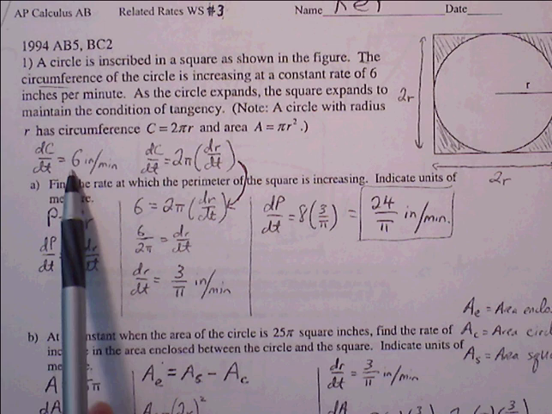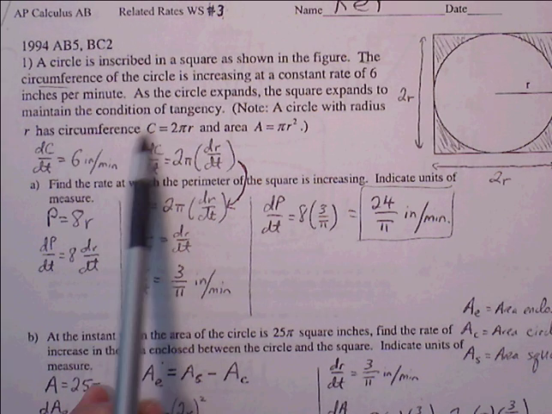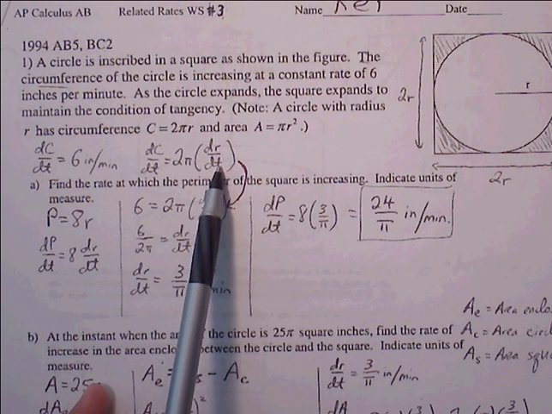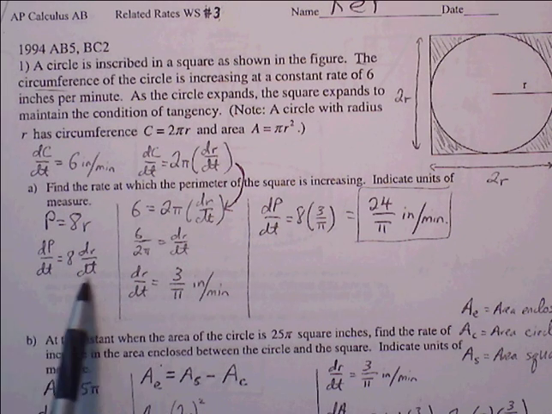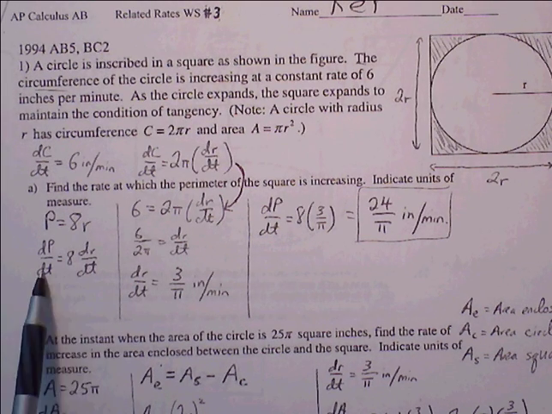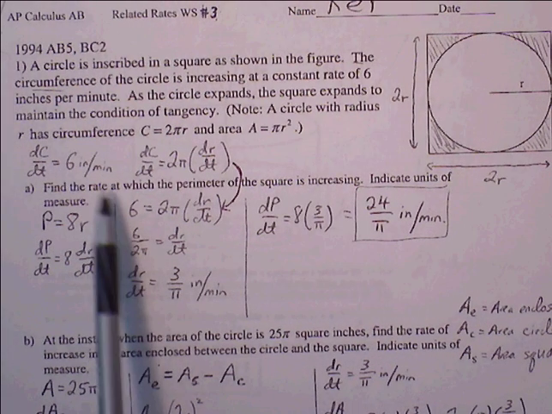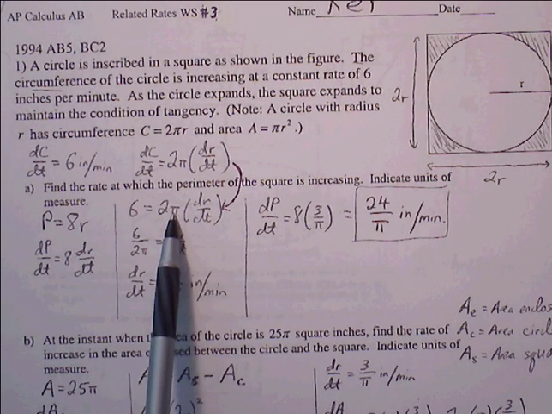So we know what dC/dt is, so if we plug 6 in for dC/dt, then the only variable missing is dr/dt. Then we can solve for dr/dt, and from there plug into the dP/dt equation to find the rate of change of perimeter. So let's go ahead and take those steps. dC/dt gets replaced with 6. It's equal to 2 pi dr/dt.